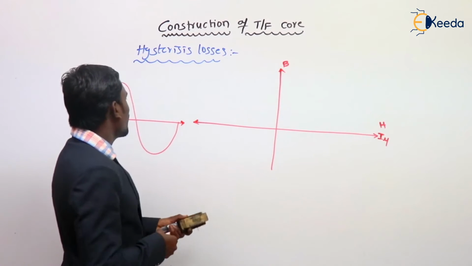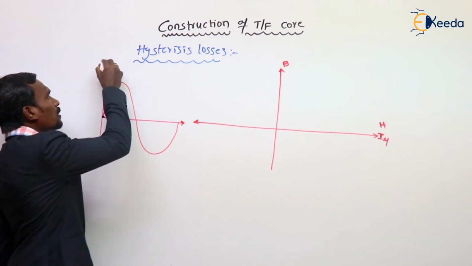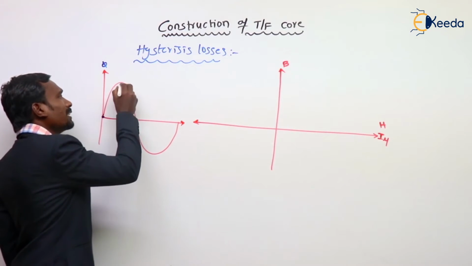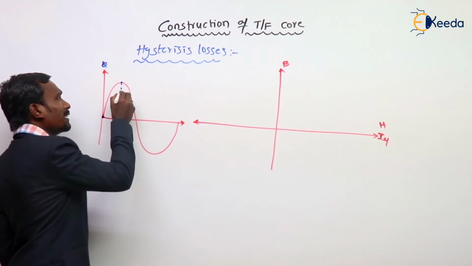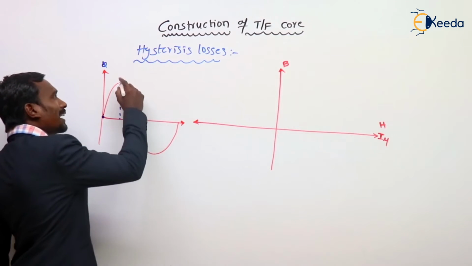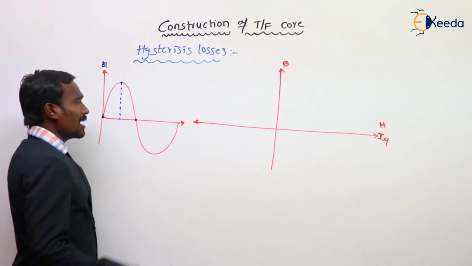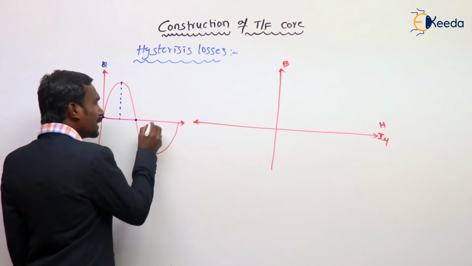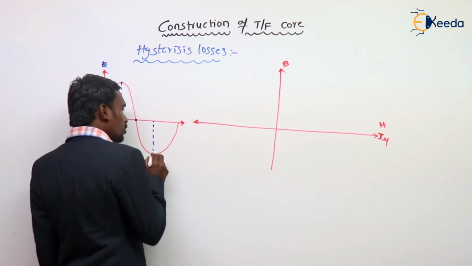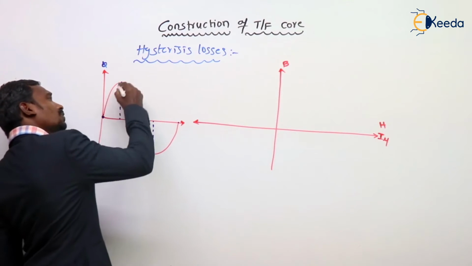Here the flux is 0, gradually the flux increases to maximum, then gradually decreases to 0, then increases in the reverse direction and again gradually decreases to 0.